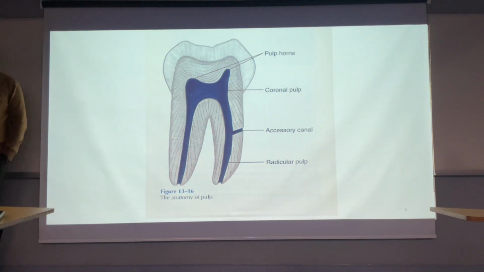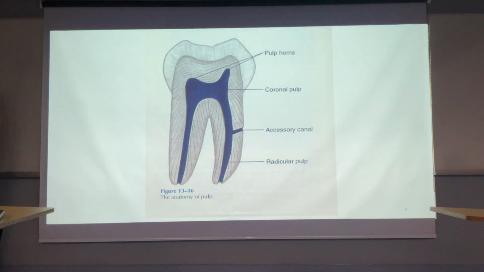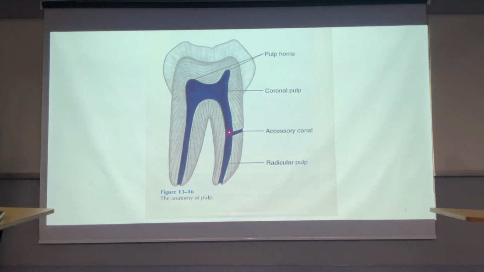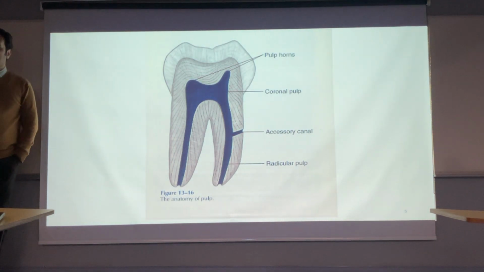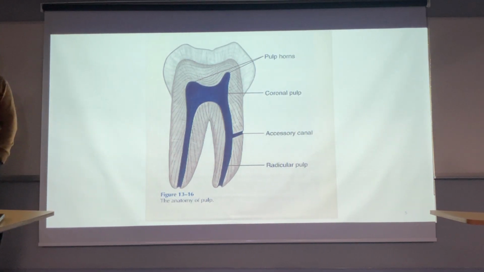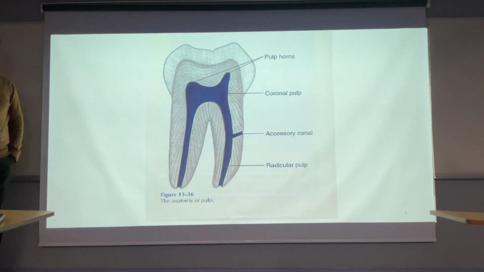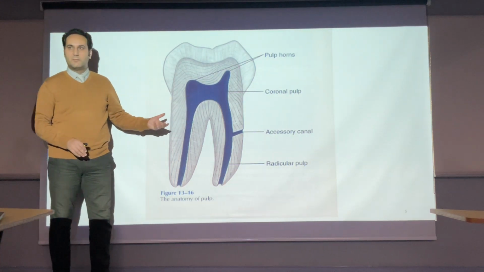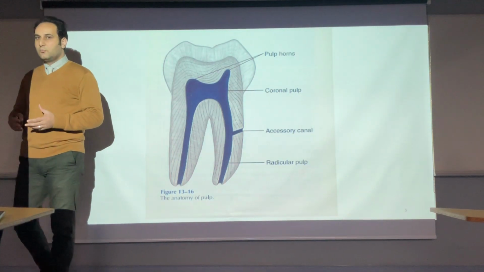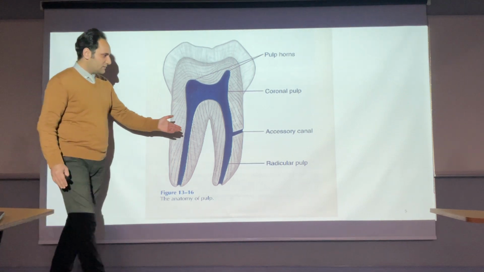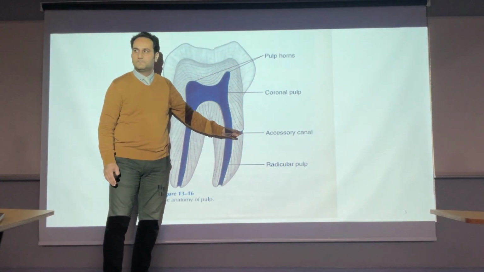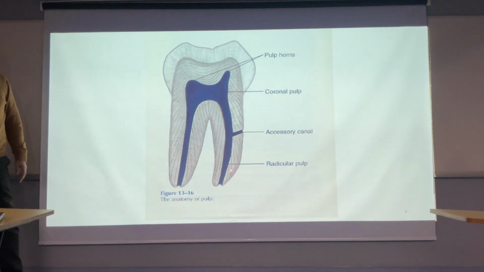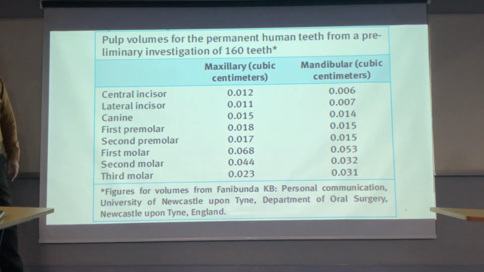This accessory channel is very important in root treatments. These accessory channels are hardly distinguishable by X-ray, and sometimes you can treat the root part very well, but you can't get good results. That is because of these accessory channels, okay? Because these accessory channels have a structure like pulp in this part.